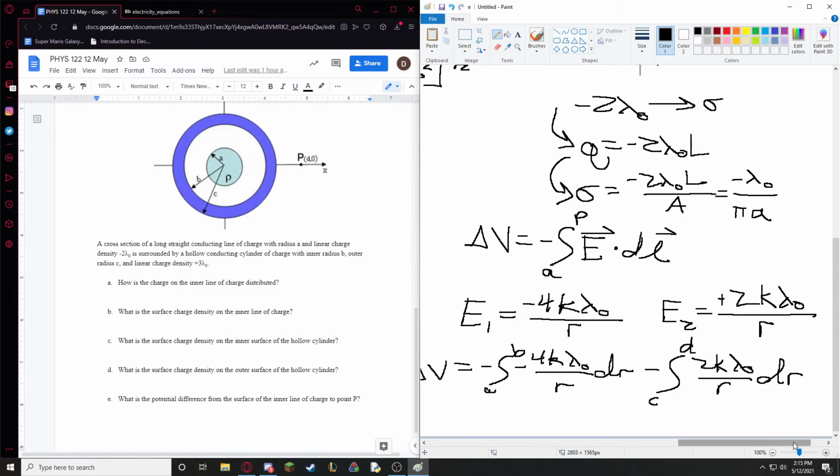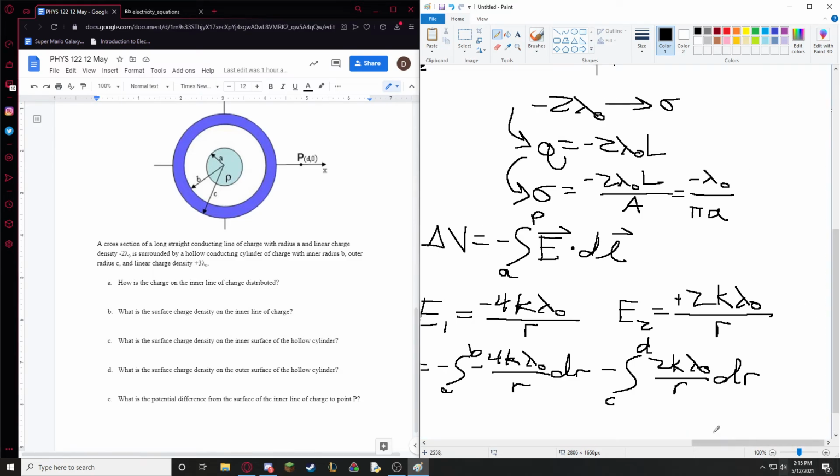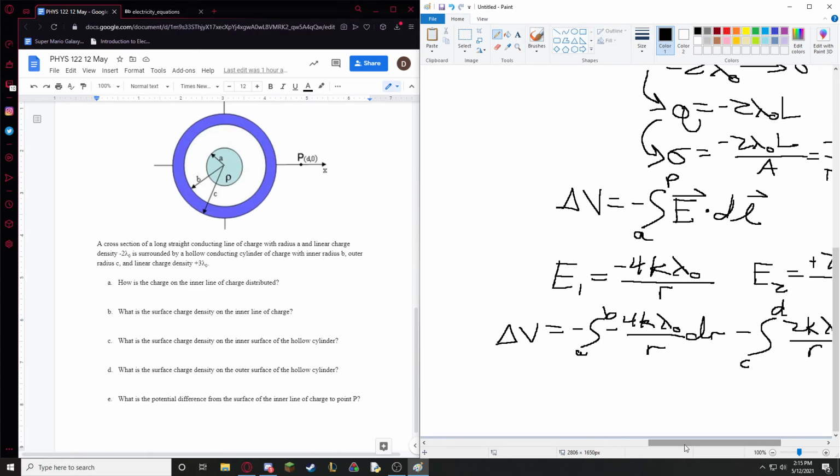If we go ahead and actually solve these integrals, what do we get? What's the integral of 1 over R dr?